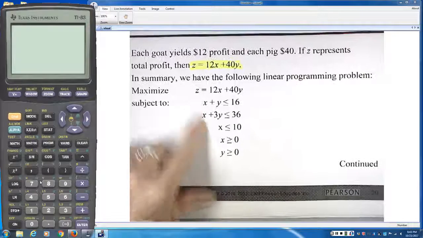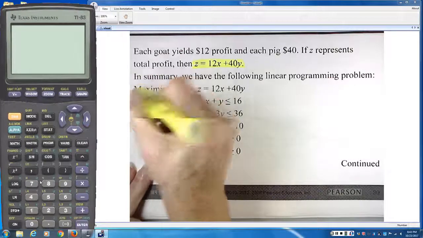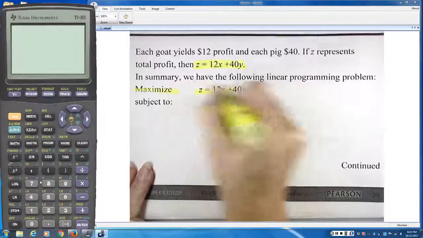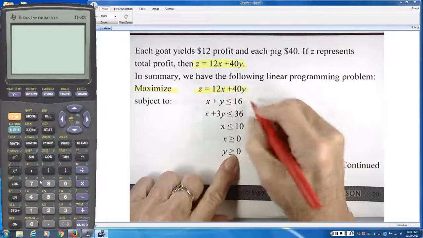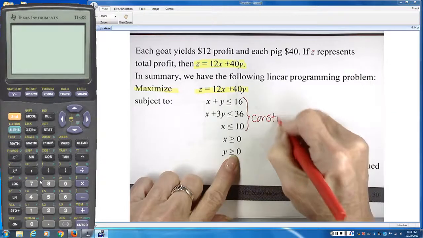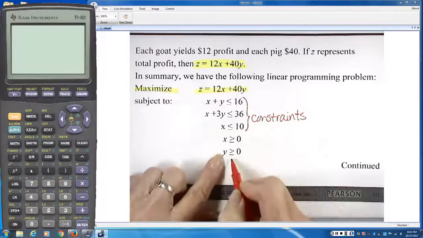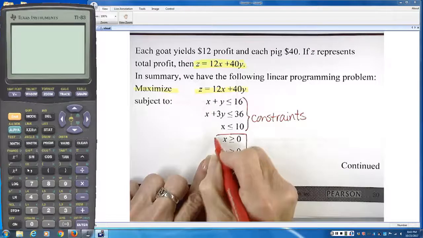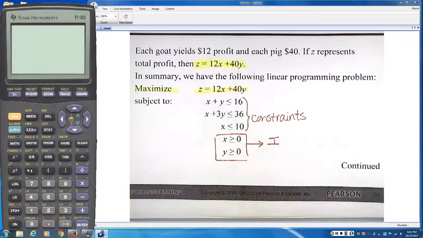So we're going to maximize this. So there's your objective function. And here's your constraints. And of course we can't have negative pigs and negative goats. So once again, that just tells us we're going to have to stay in quadrant 1.